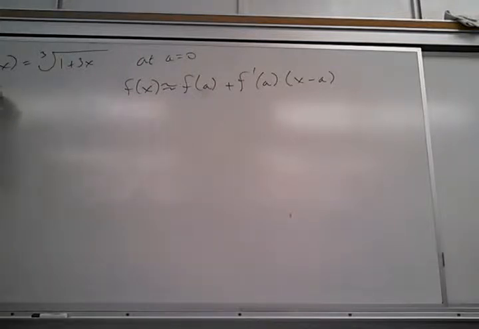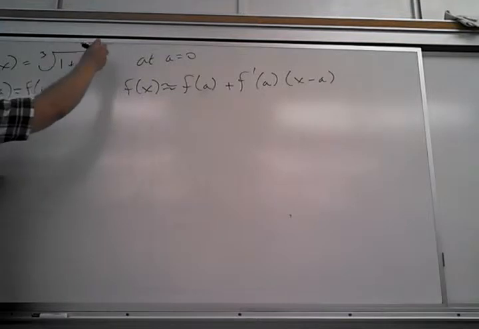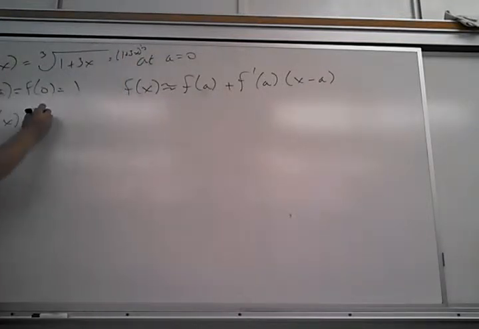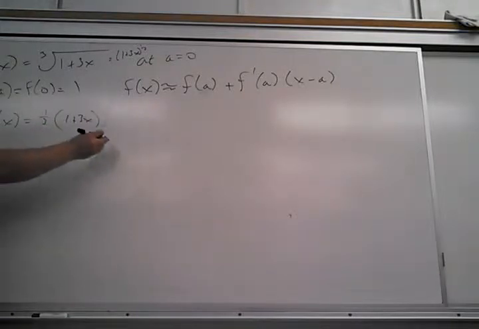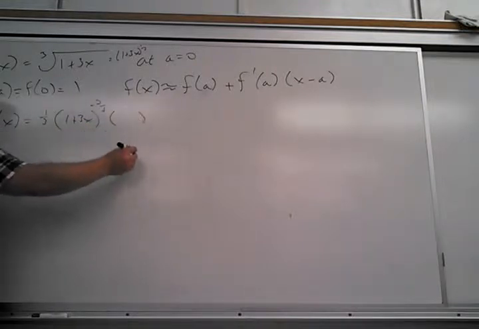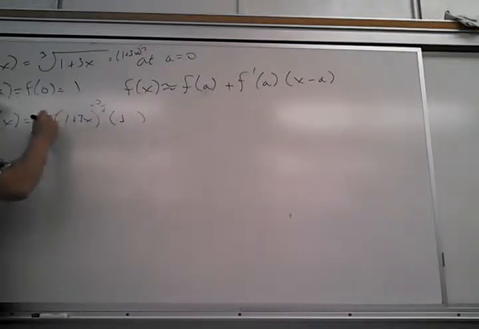Yeah, so f of a, which is f of 0, is what? 1. F prime of x, if you write this as this, so those cancel. F prime of 0 would be 1 over 1 plus 0 to the 2/3.